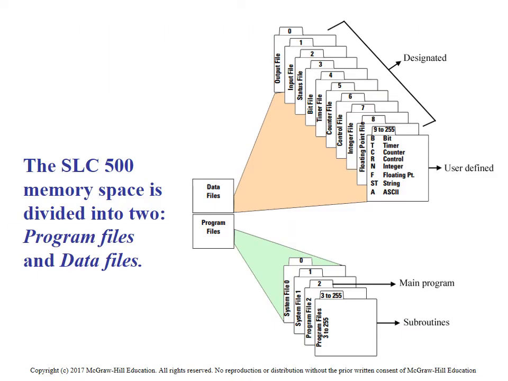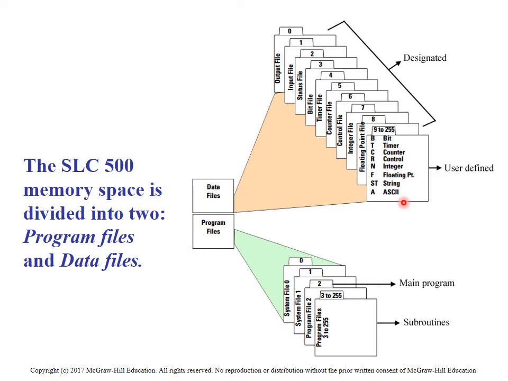So here we have it divided into two separate files: the program files and data files. We're diving right into it here. You'll see we've got output files, input files, status file, bit, and all these timers, counters, controls, integer, floating point, all these different associations to a data file.